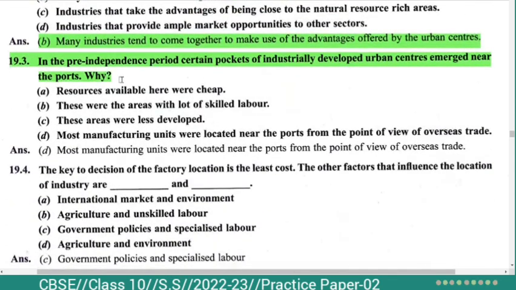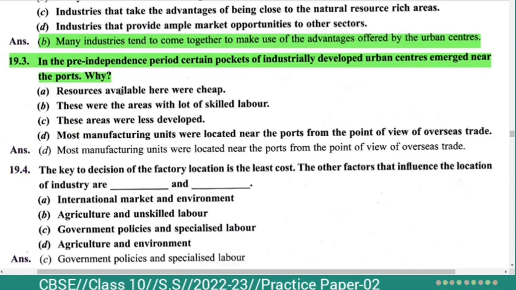Question number 19.3. In the pre-independence period, certain pockets of industrially developed urban centers emerged near the ports. Why? Option A. Resources available here were cheap. B. These were the areas with lot of skilled labor. C. These areas were less developed.